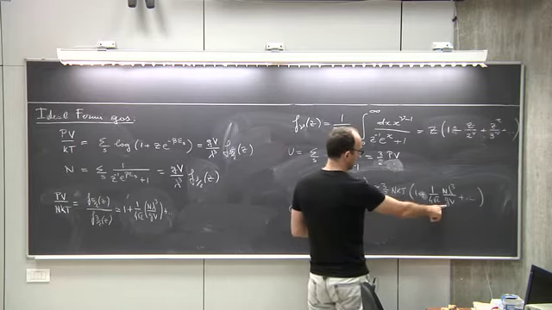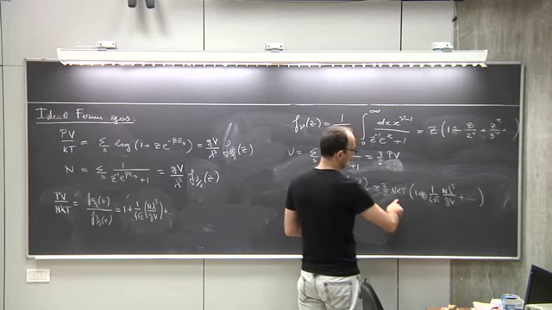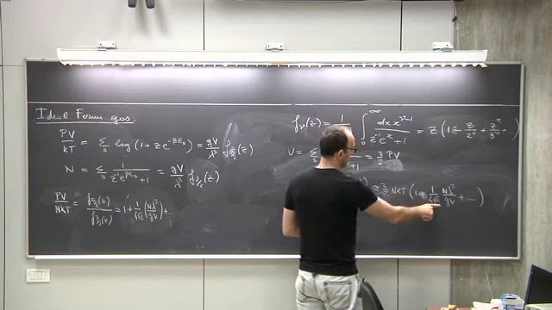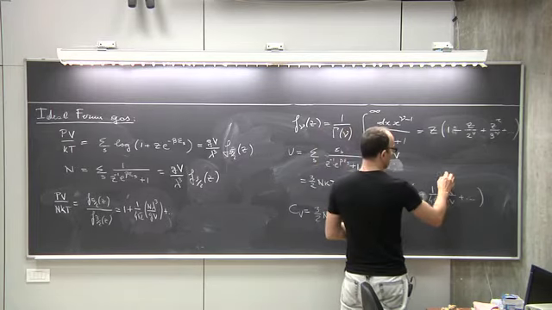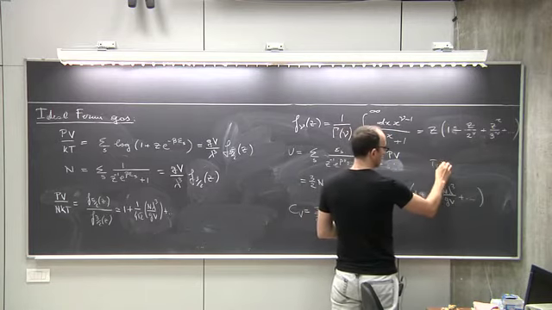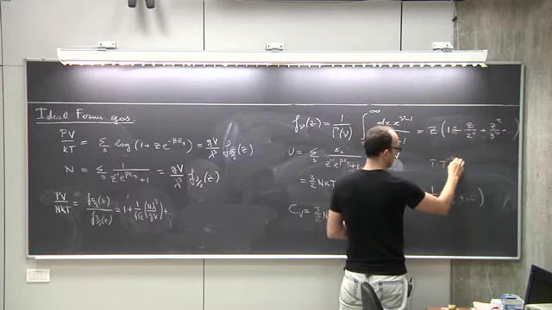So the other term, I can argue very simply what it will be, because this second term will be proportional to T times T to the minus 3/2.